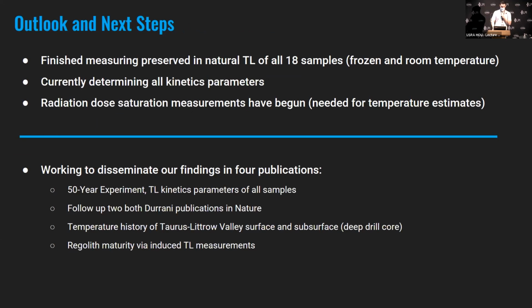So the next steps are doing more measurements on these samples, especially the irradiation, to get a better understanding of what the TL saturation will be, to figure out the temperatures on the surface of the moon, particularly of the TLV. We have the whole set of drill core samples that we can apply this theory to, to maybe pull out a temperature gradient using the TL technique.